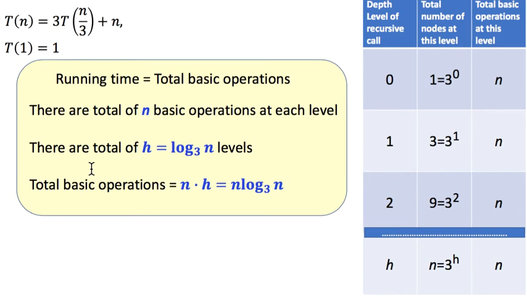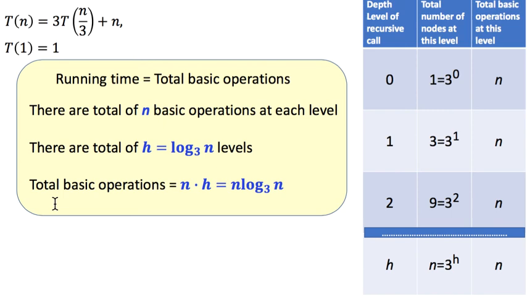Now, what is the running time of the algorithm? It is the total number of basic operations executed during the execution of this algorithm. There are a total of n basic operations at each level, and a total of log base 3 of n levels.